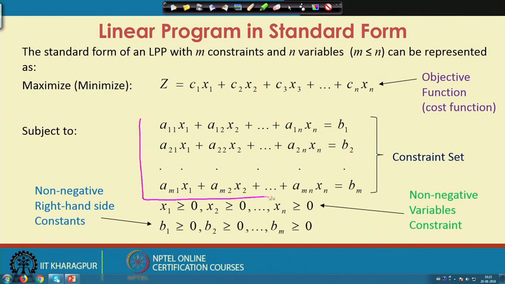So, all these constraints which are of equality type, the left hand side of these constraints can be written as a matrix A x, where x represents the decision vector x 1, x 2 up to x n, and the matrix A represents a matrix of m rows, n columns, and the elements are the coefficients a 1 1, a 1 2 up to a 1 n, a 2 1, a 2 2, a 2 n, and finally a m 1, a m 2 up to a m n.